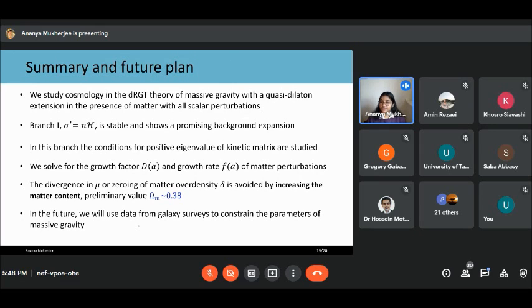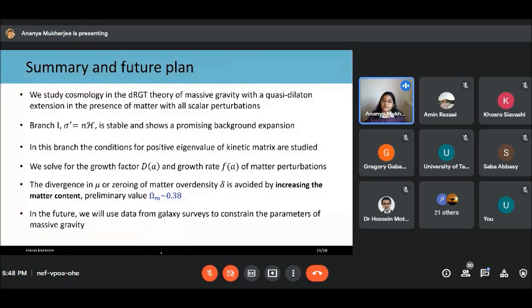So here I would like to summarize our results. We have studied dRGT theory in the presence of matter with scalar perturbations. We have looked into branch one, which shows interesting properties for cosmological observation. In our ongoing study, we are looking at the conditions for positivity of the eigenvalues in branch one.